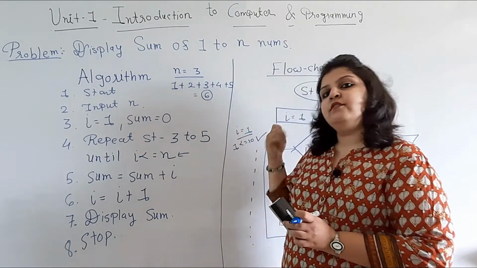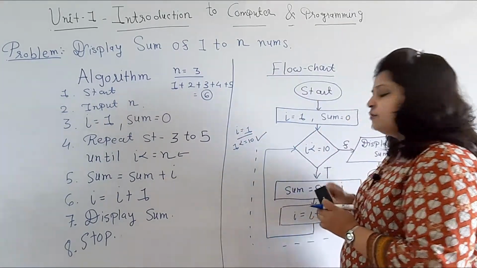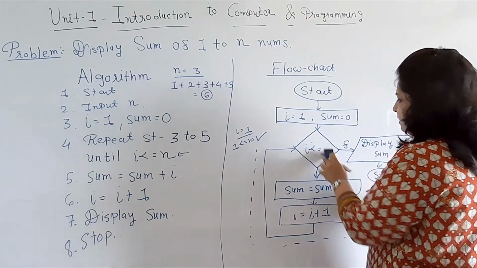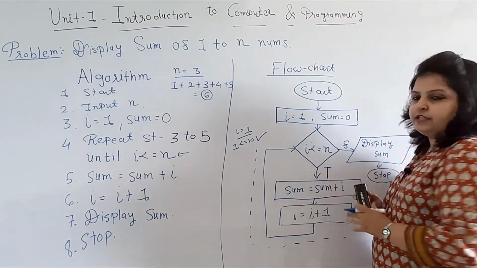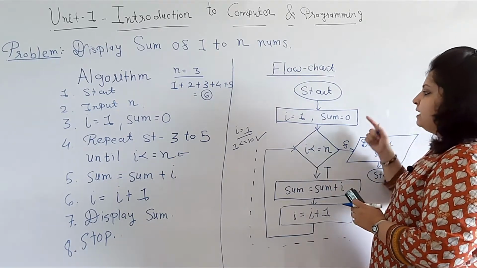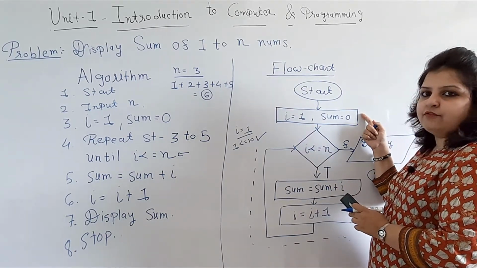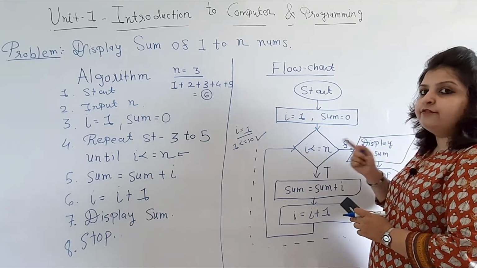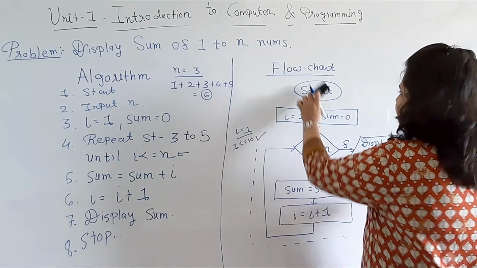Now how can we draw the flowchart? Here also we have to make some changes. First of all, in the termination condition, I less or equal to n, and one step we have to add, that is input n, and input n we write in a parallelogram.